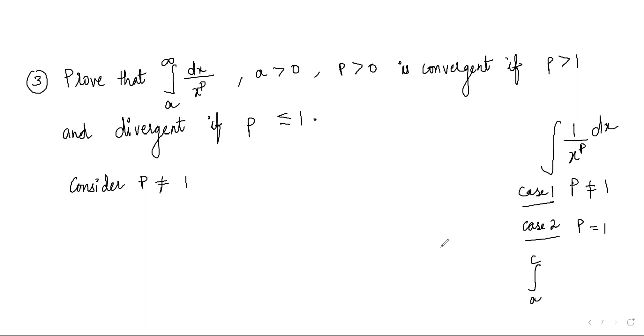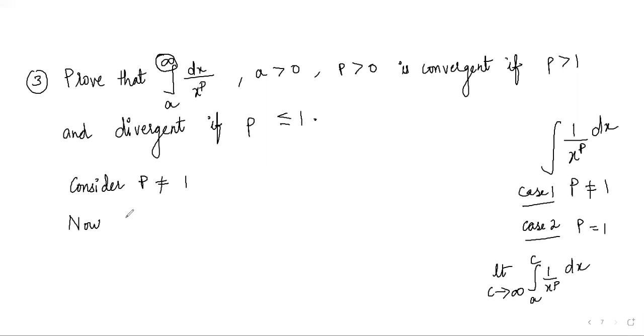The upper limit, because the upper limit is infinity. 1 upon x raised to power p is our integrand dx. After evaluating this integral, we will consider that this upper limit c is tending to infinity. So this will be our approach. Consider the first case when p is not equal to 1.